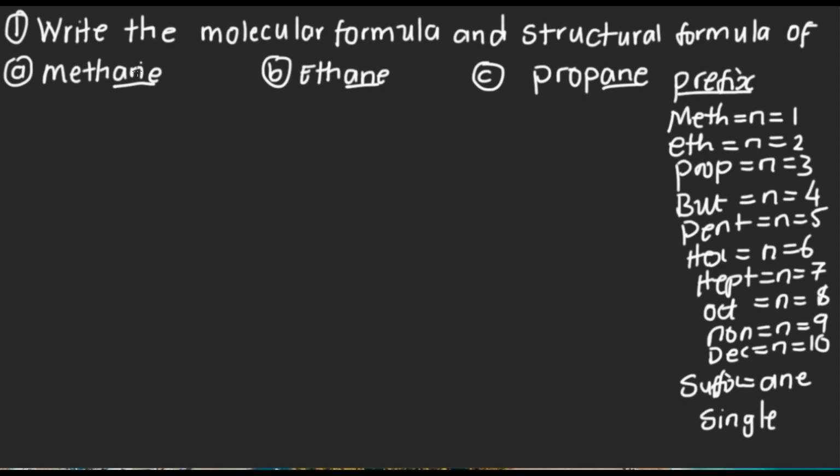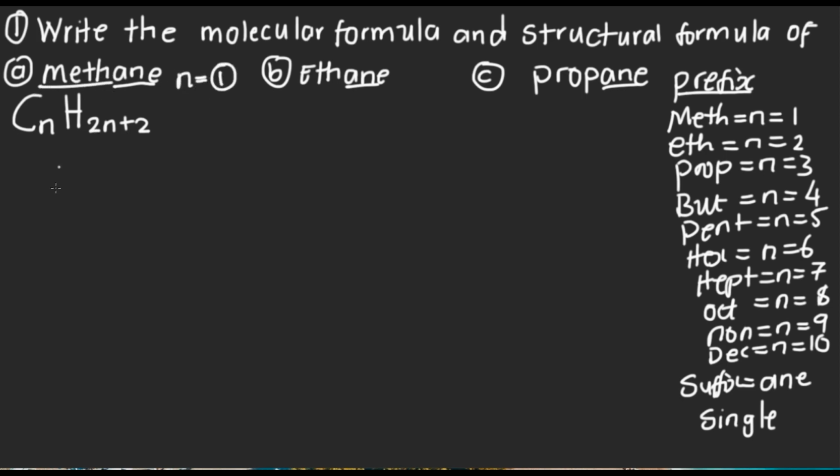Now, to come up with the molecular formula, first we need the general formula for alkanes. The general formula is CnH2n+2, where n determines the number of carbon atoms. From the first one, meth, n is equal to 1.